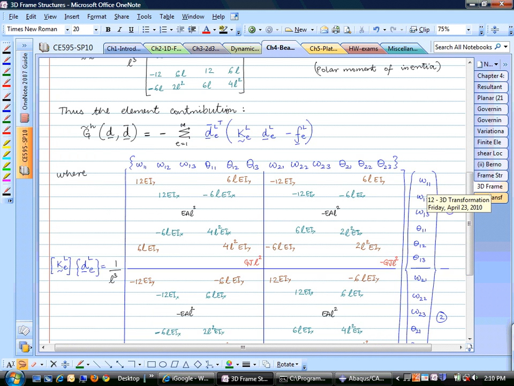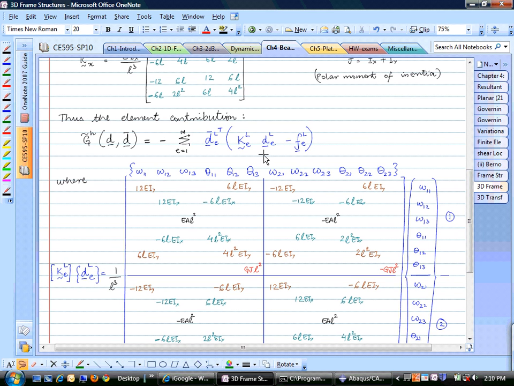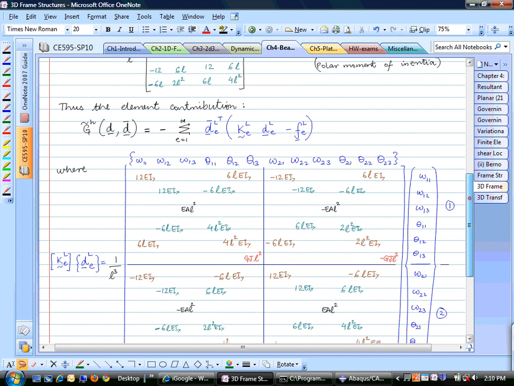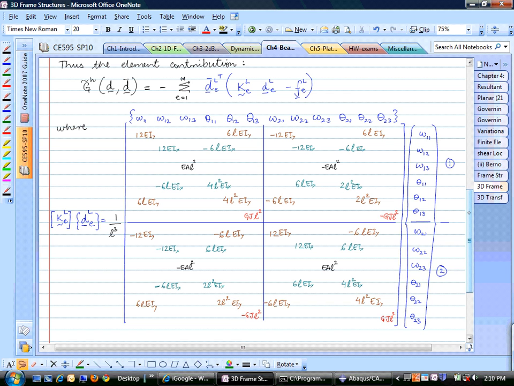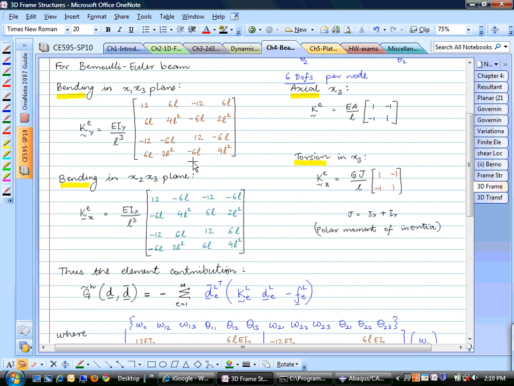For each one of those elements, you are trying to construct this local stiffness matrix. And this local stiffness matrix is pretty much an assembly of this 4 by 4, this 4 by 4, this 2 by 2, and this 2 cross 2. You just have to place them in the right locations. So what degrees of freedom are associated with, let's say, this ky?